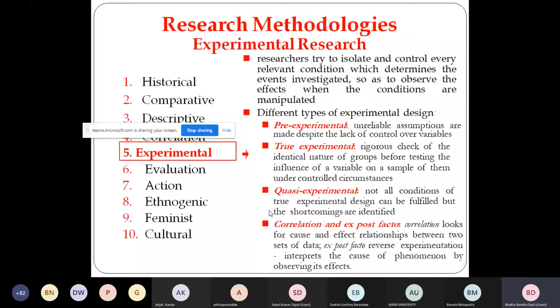The next one is your quasi-experimental. Not all conditions of experimental design can be fulfilled, but shortcomings are identified. It seems to be quasi in nature, apparently. Why is it called quasi-experimental?